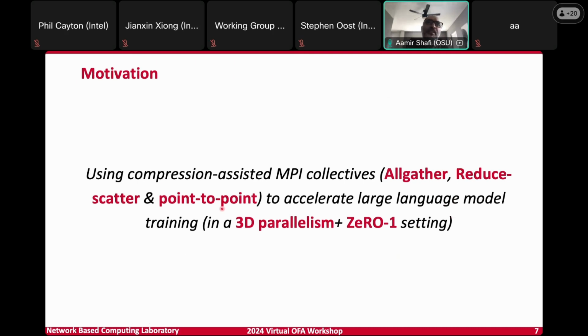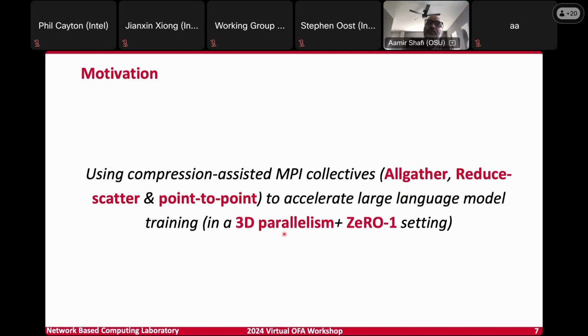So this is what this slide is depicting, using compression assisted MPI collectives. In MVAPICH we have support for point to point as well as different types of collective communication with compression. So can we use that for accelerating large language model training?